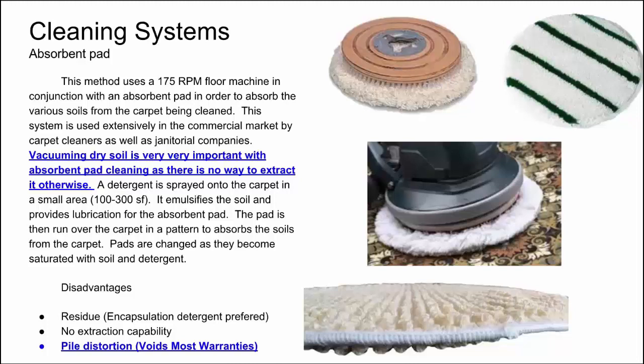As those pads become saturated with soil or moisture, you're going to flip it and then change it out. As you go over the carpet, you're going to notice, okay, I'm pulling some soil, especially at the beginning. Then as you move across the carpet, that pad is going to become really dirty. It's going to be absorbing all that soil and all the chemical, and you need to flip it. So flip it to the clean side and then go again.